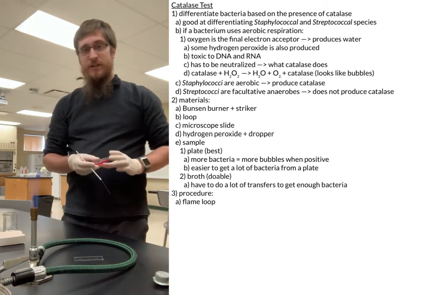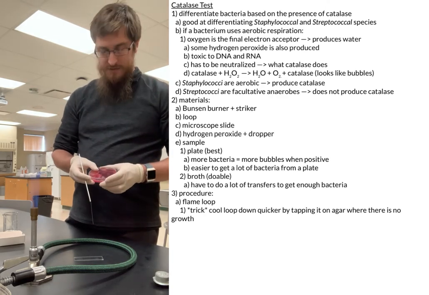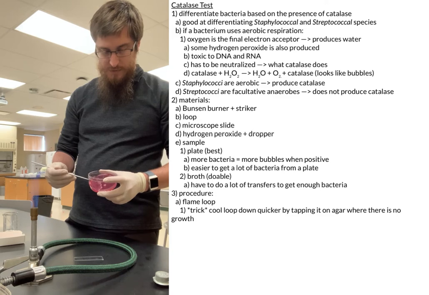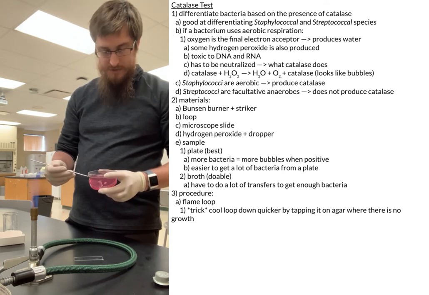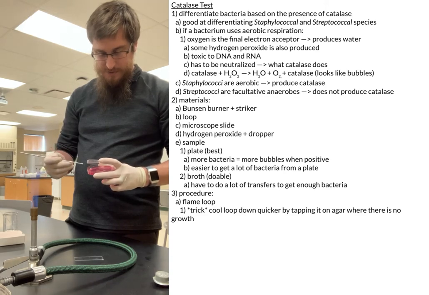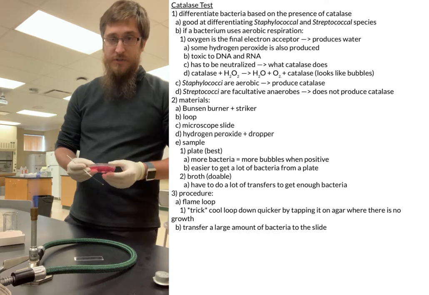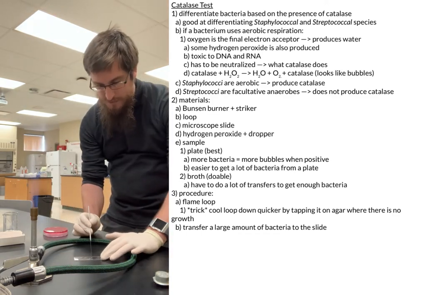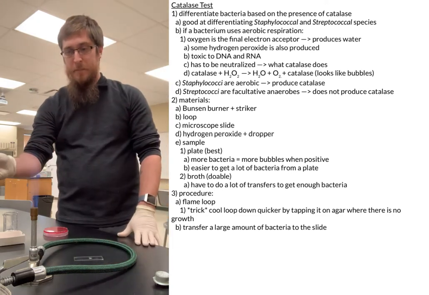So a good trick to cool your loop down quickly is that when you go to grab your sample, find an area of the plate where there is no growth and just tap it along that area. And then I'm just going to go in. I have a nice big colony here, so I'm just going to grab a nice big chunk of bacteria. Generally, we're going to take a lot. I'm just going to put that on here. Kind of get that nice big clump on my slide.